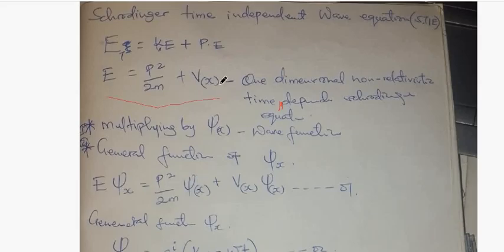When we take this particular equation, which is the equation of total energy, multiplied by psi of x, which is now one-dimensional, it will be E psi of x is equal to momentum squared all over 2m psi of x plus V of x psi of x, and let's denote that as equation 1.